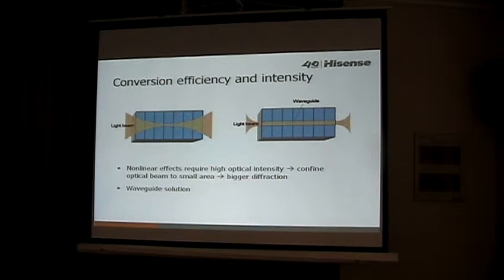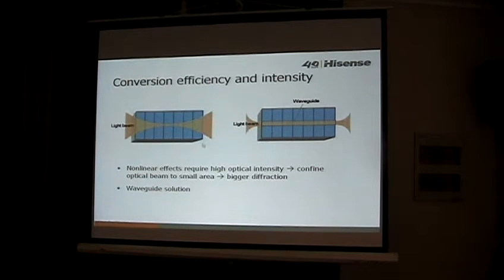But here we have a problem. In order to get a high intensity, we would like to focus the light wave in a very small area. But by the nature of diffraction, if we focus the light beam to a very small area, its diffraction will become larger.